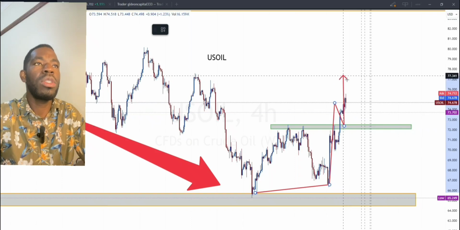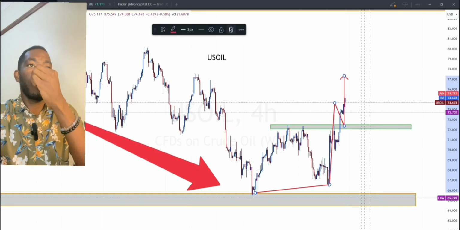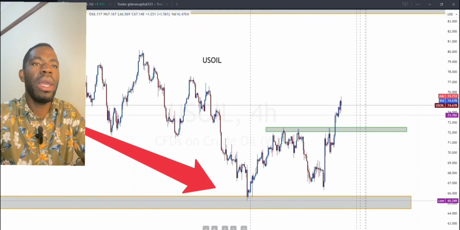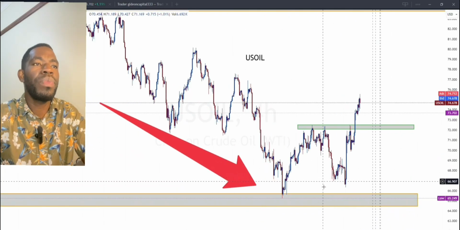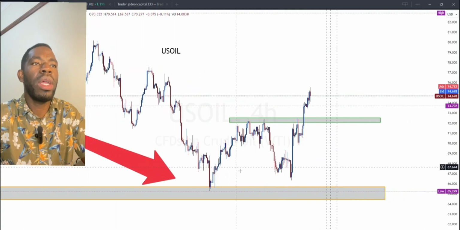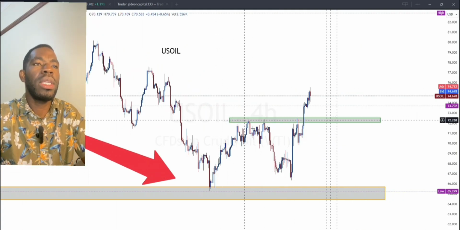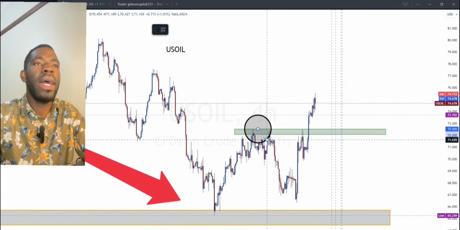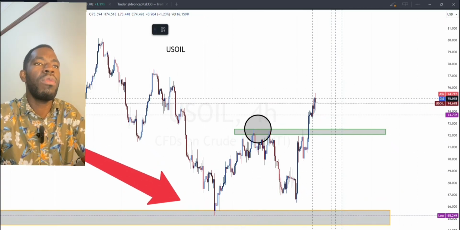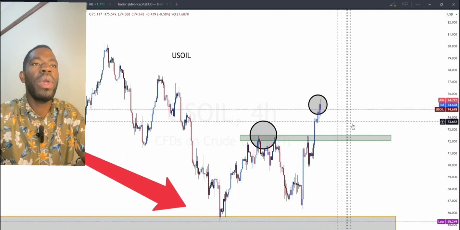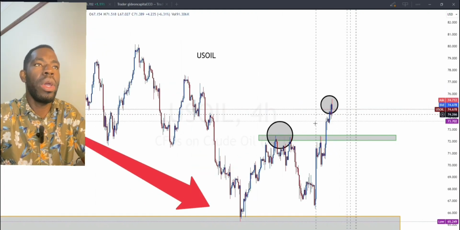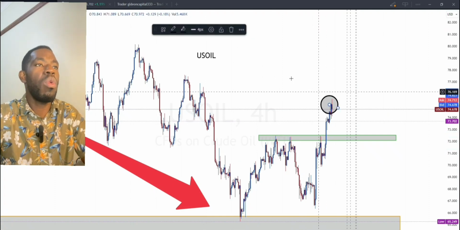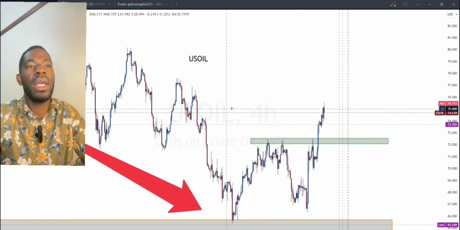So we see a kind of double bottom here, and the neckline has been broken over here. We can see that there's a change of price. Previously the price was over here, and now we have a higher price created here before the close of last week. So we are anticipating buying oil. As you know what's happening in the Middle East, oil prices are really going up because of the war going on there.